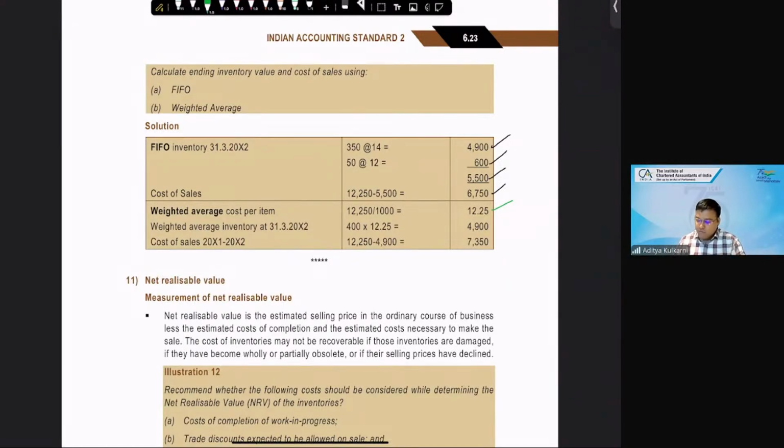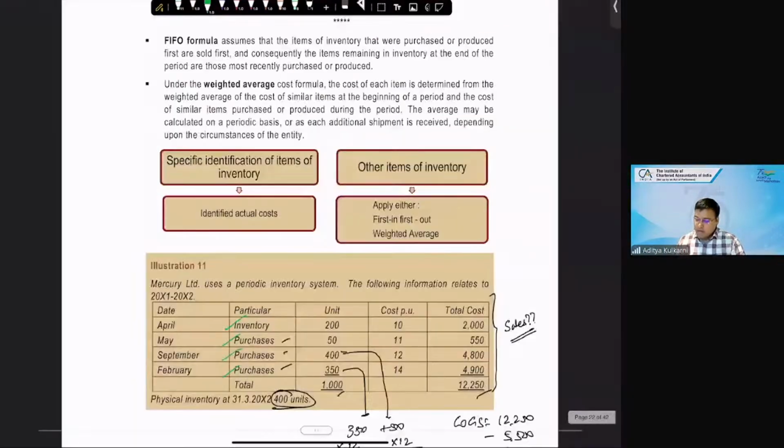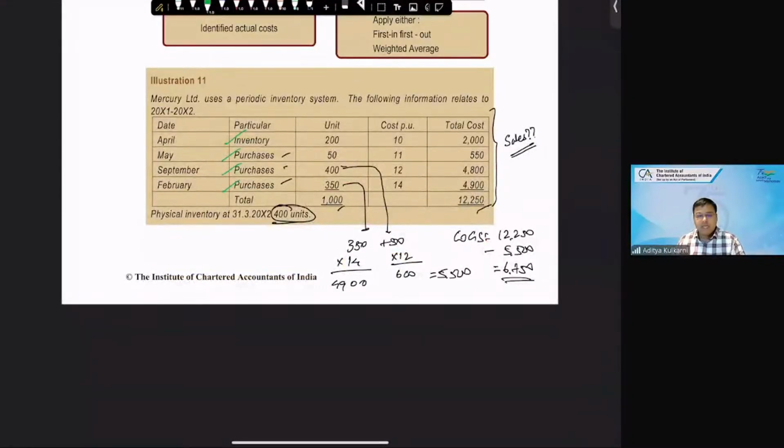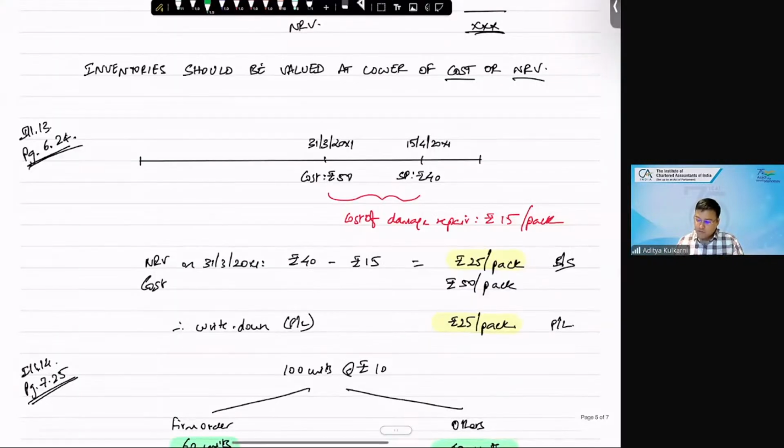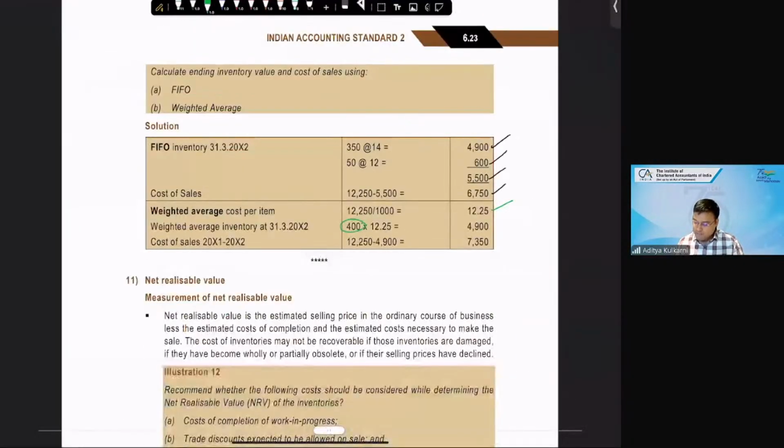When you have 400 units only in the closing stock, you have 1,000 units. That means 600 units would have been sold. If 400 is in the stock, 600 would have been sold. Yes or no? And therefore, what they have done is they have taken the total average price 12.25 into 400.